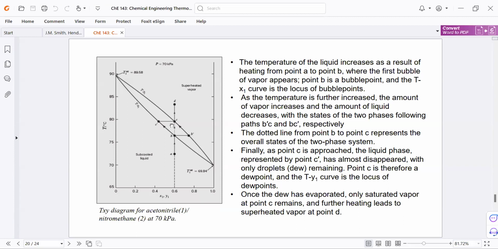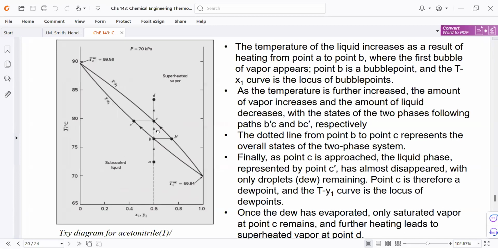this is where the dotted points would represent the state of the two-phase system, but the amount of liquid and vapor would be represented by the curves CB prime and BC prime.